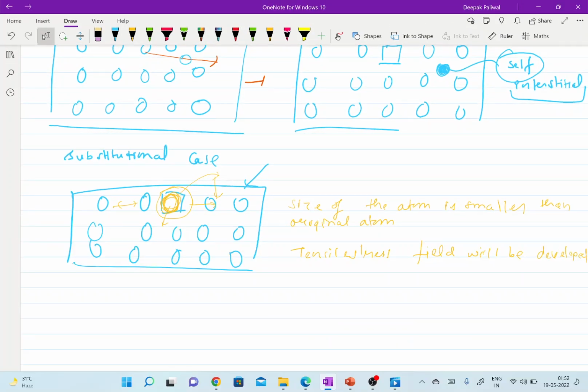With the word substitutional, an important terminology comes: substitutional solid solution. This is when the atom occupies the original lattice site. Suppose this atom is present over the original lattice site. If the atom occupies the lattice site position, then it is called the substitutional solid solution. When the atom occupies an interstitial position, then it is called the interstitial solid solution. So we have substitutional and interstitial solid solutions.